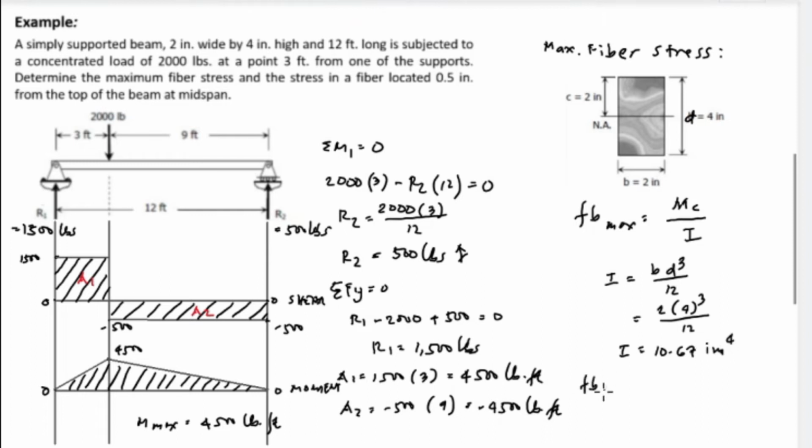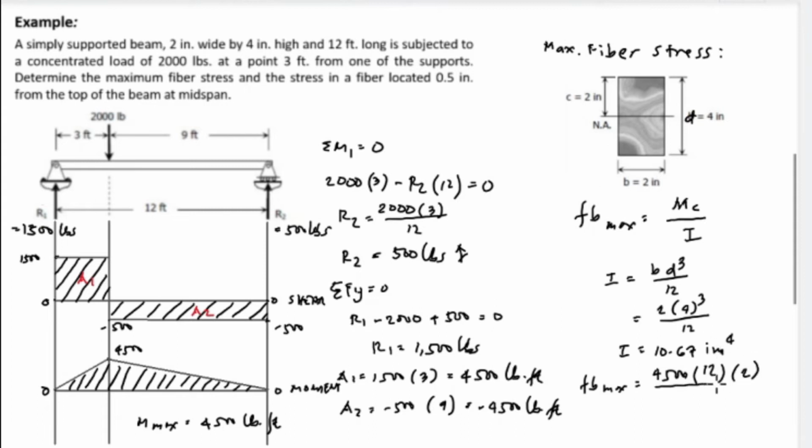F sub B maximum is equal to M, which is 4,500, and the unit is pounds foot, and we convert feet to inch, so this is multiplied by 12. So this will be 4,500 times 12, the unit is pounds inch, multiplied by C, which is equivalent to 2-inch.